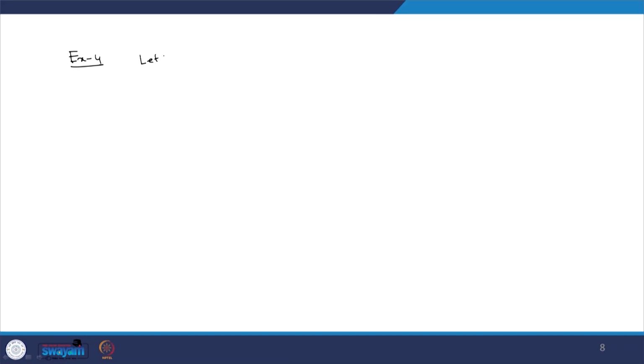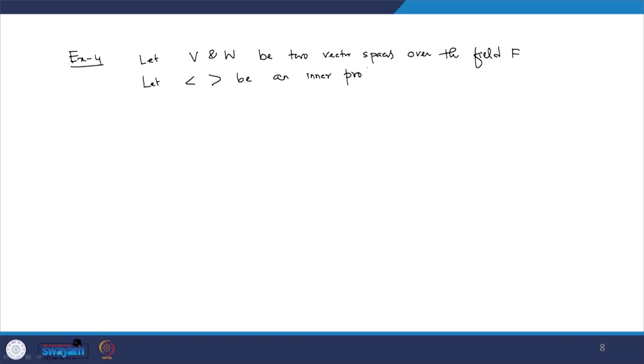Let V and W be two vector spaces over the field, say capital F. Now, let this be an inner product in W, but nothing is given about V.